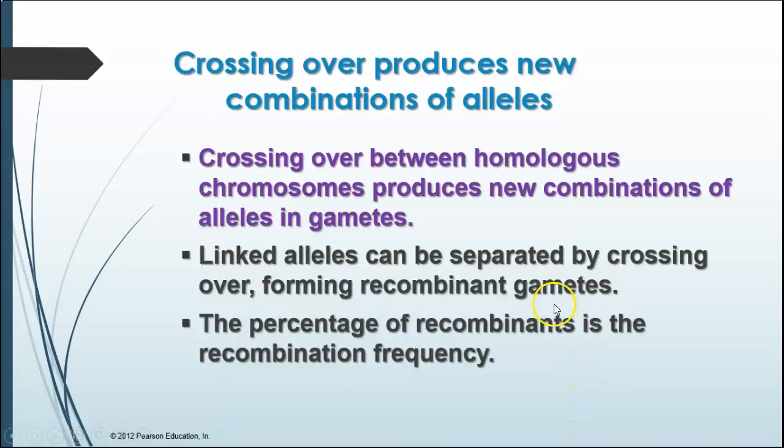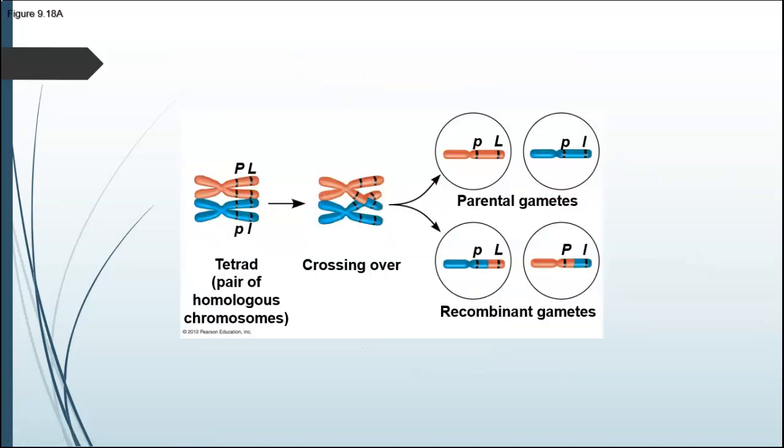Okay, and that's actually led to the discovery of crossing over. Crossing over between those homologous chromosomes can produce new combinations of alleles in the gametes. Okay, you can form recombinant gametes that have those traits recombined with each other. And the percentage of those recombinants is called the recombination frequency, and that can be used to predict how far apart the genes are on the chromosomes.